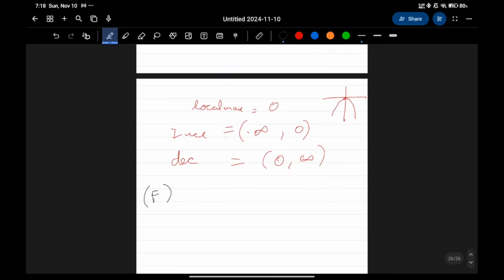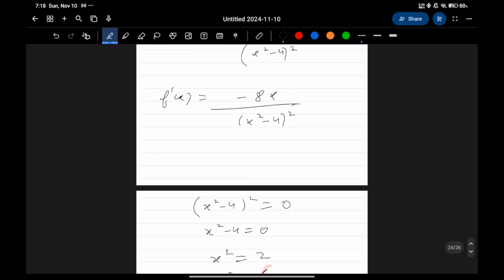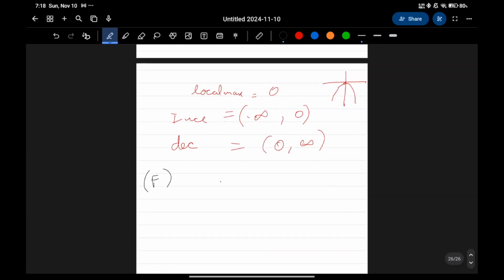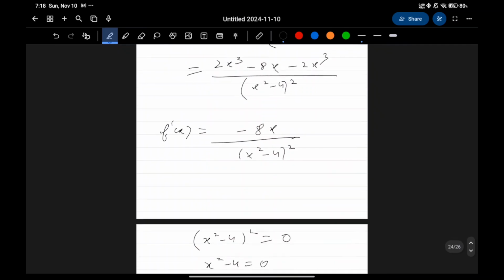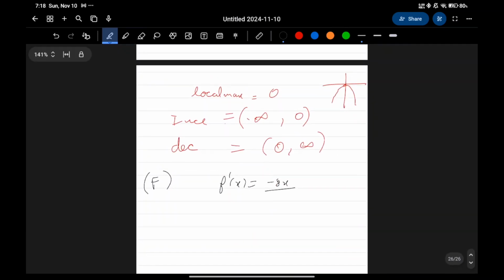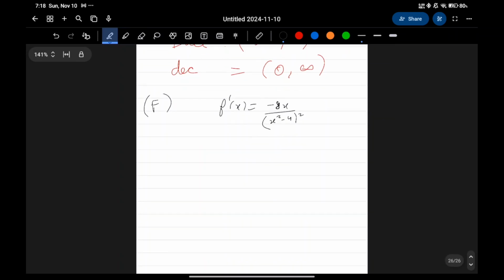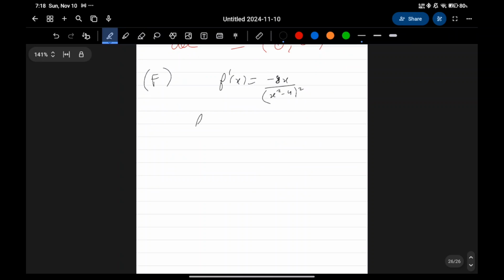Alright, so our equation was f'(x) equals negative 8x over (x squared minus 4) whole squared. Now let's take a derivative of that. f''(x) equals low d high minus high d low. Or let me show you another perspective.